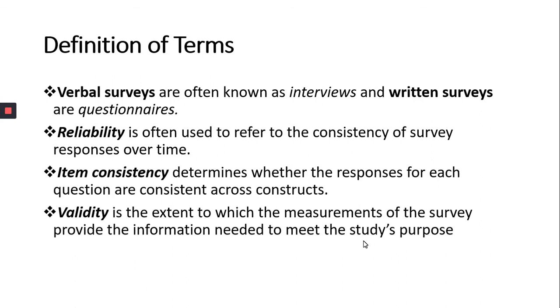Now, what is reliability? Reliability is often used to refer to the consistency of survey responses over time. If you go and ask people from Oshakati about a certain subject, obviously you analyze the responses and make a certain conclusion. If you come after a certain time, are you able to make the same conclusion that you made? That is what we refer to as reliability of the results.